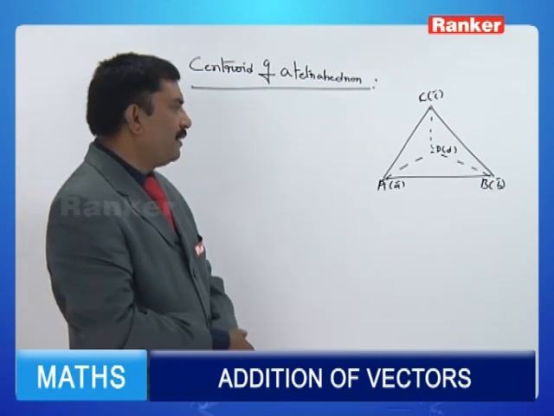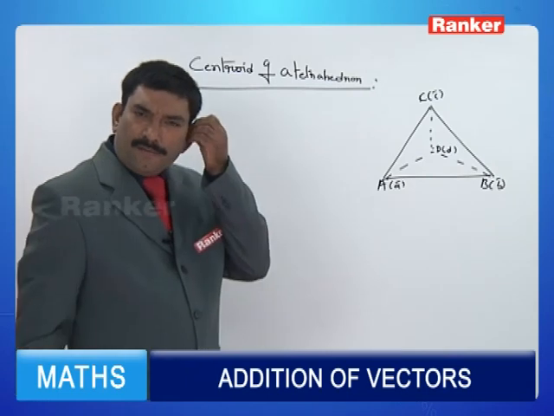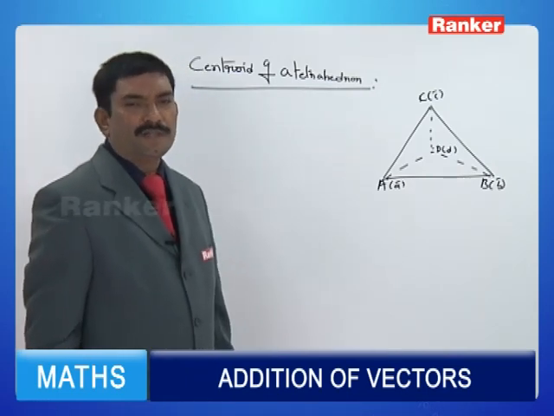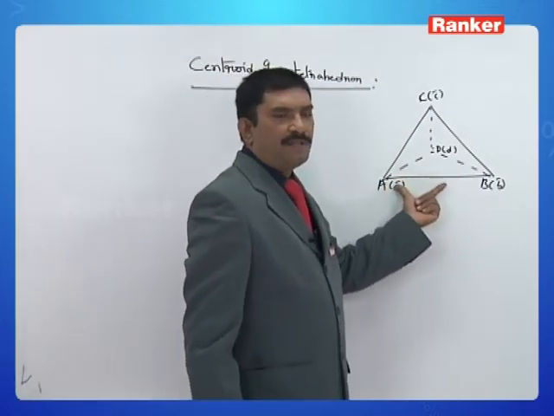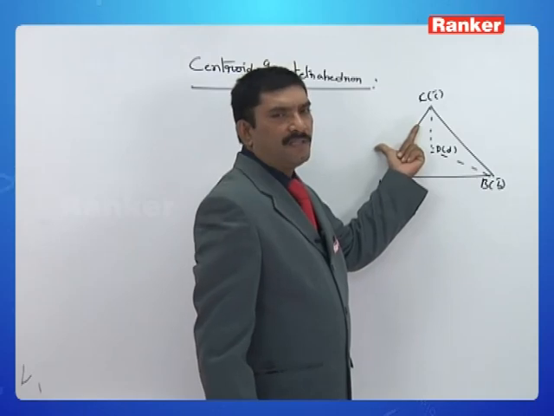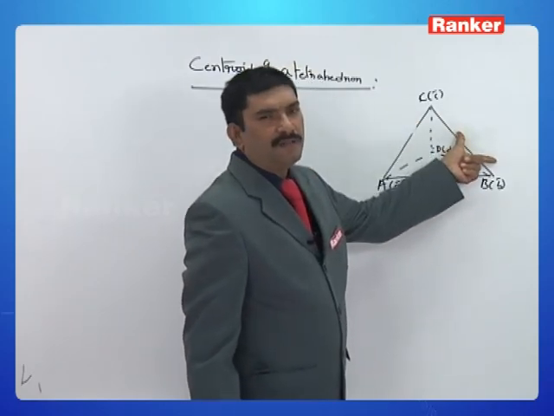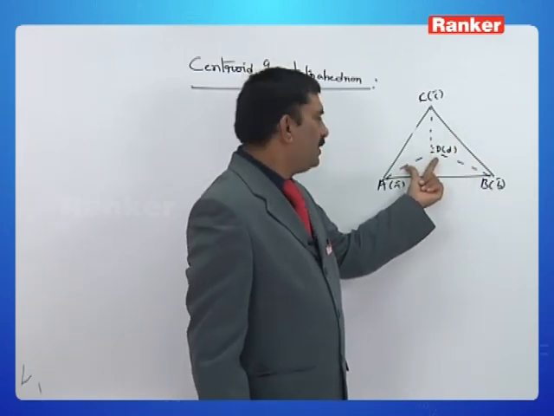Now, how many faces and how many edges does a tetrahedron have? Let us see. AB bar is one edge, AC bar is another edge, BC bar is another edge. Next, AD bar is another edge, right?